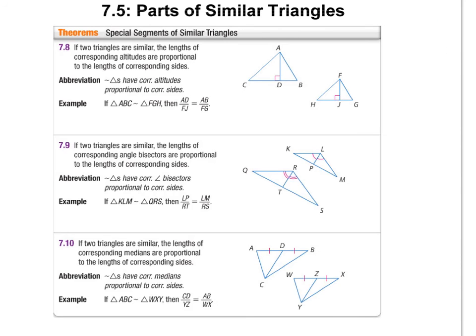Moving on. So, the next thing you need to know is if you have similar triangles, all corresponding pieces, all corresponding lengths of any part of the triangle are proportional. That includes our special sides, such as our altitudes. So, corresponding altitudes of similar triangles are proportional.